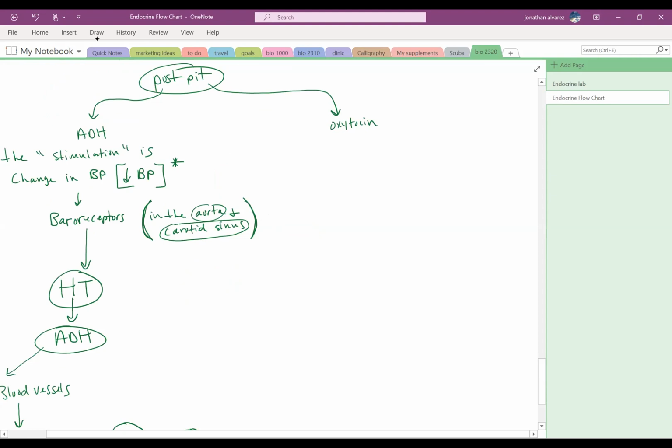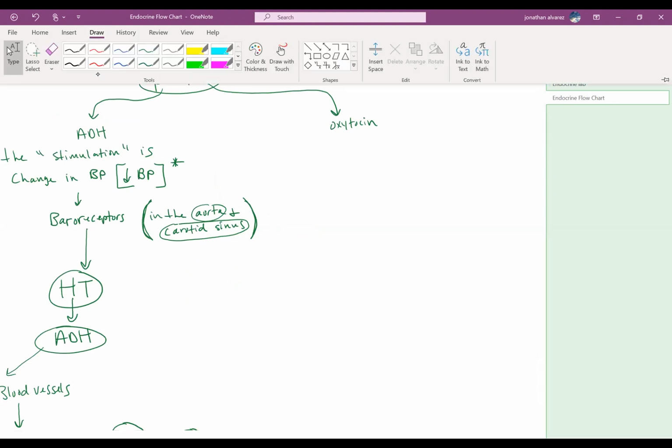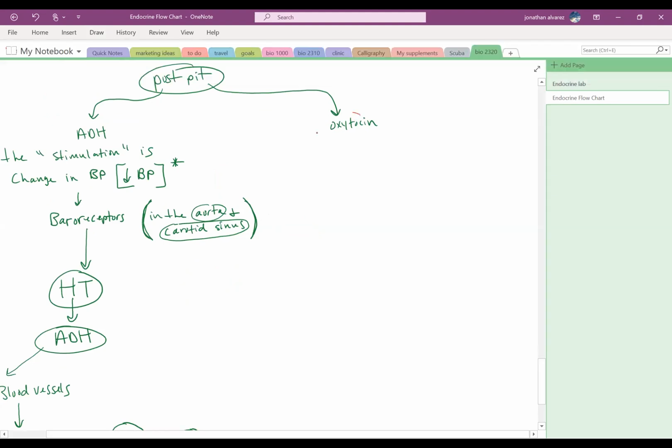Okay, oxytocin. The posterior pituitary releases oxytocin, which goes to the uterus, and this is during pregnancy.